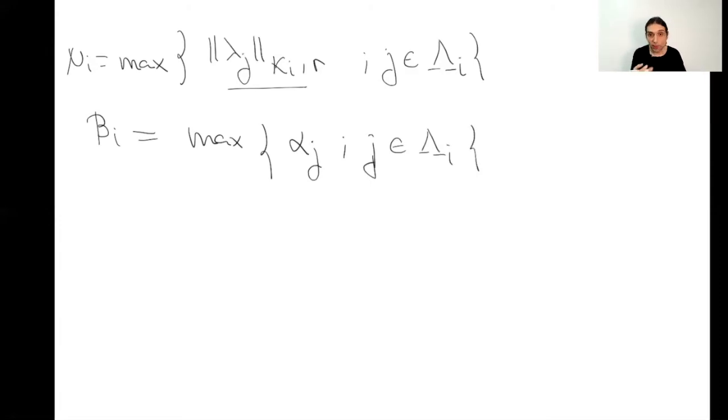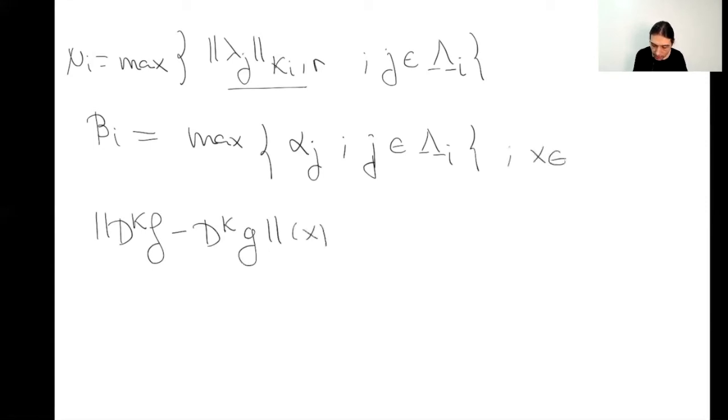Now with all this data, let us consider the kth derivative of f minus the kth derivative of g, for some point x that is a point of ki. Of course, k is going to be some number between 0 and r.